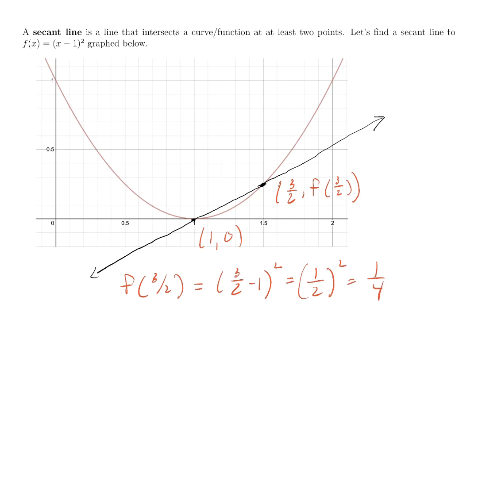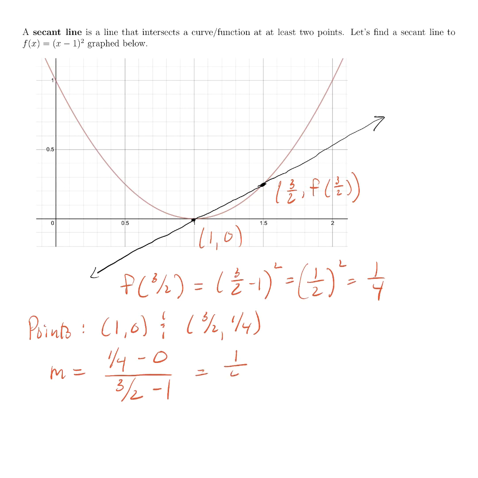So now our 2 points are (1, 0) and (3/2, 1/4). The slope of our line, again, is the change in y, which is 1/4 minus 0, divided by the change in x, which is 3/2 minus 1.